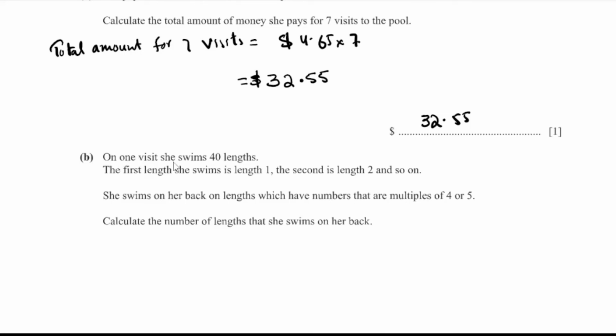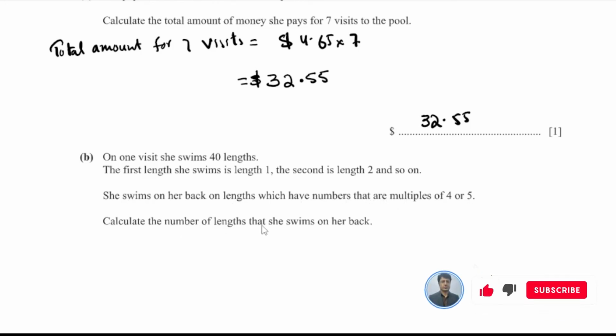On one visit she swims 40 lengths. The first length she swims is length 1, the second is length 2 and so on. She swims on her back on lengths which have numbers that are multiples of 4 and 5.